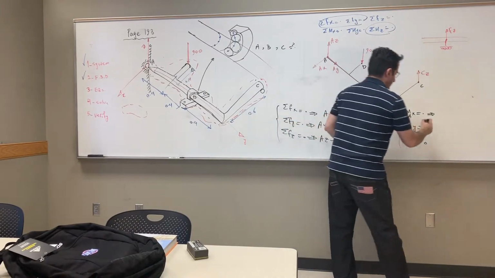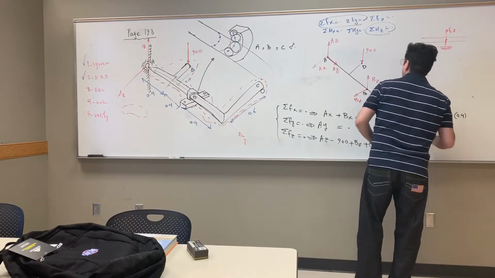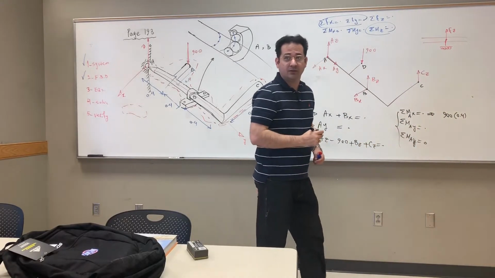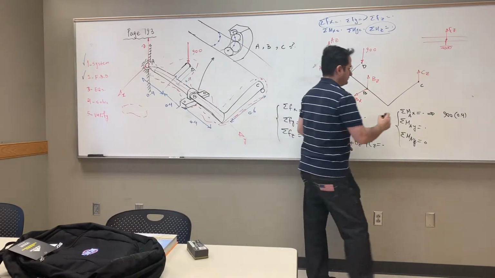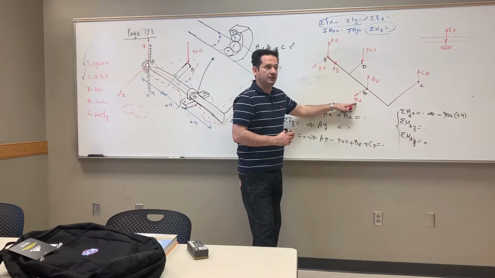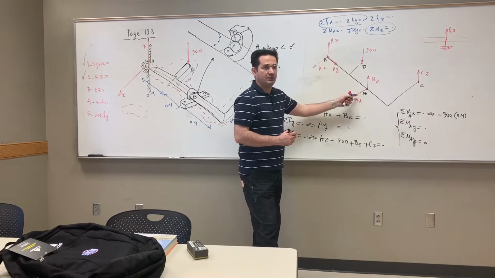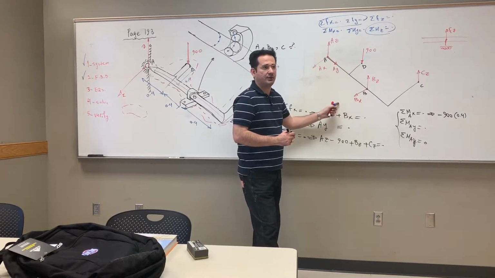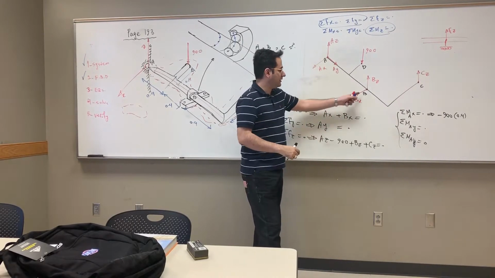Positive or negative? Negative. Now let's go to DX. Then you ask the question, can it generate a moment effect with respect to the x-axis? No, it's parallel. You remember we had concurrent forces, parallel forces. We just ignore it, 0.